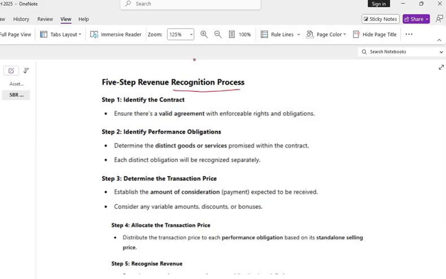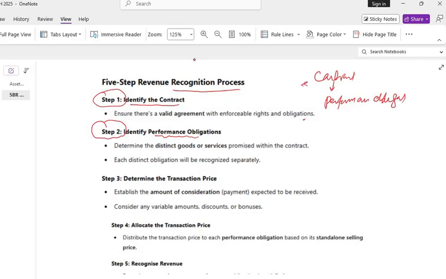The first one is identify the contract. You have first to identify that there is a contract. Then in the contract you will check that there is a performance obligation. So once you identify the contract, then you will check the performance obligation of each party.